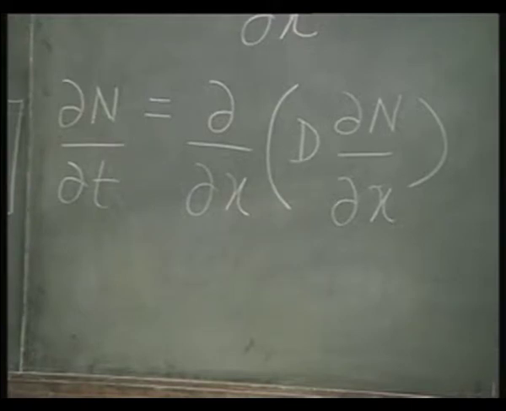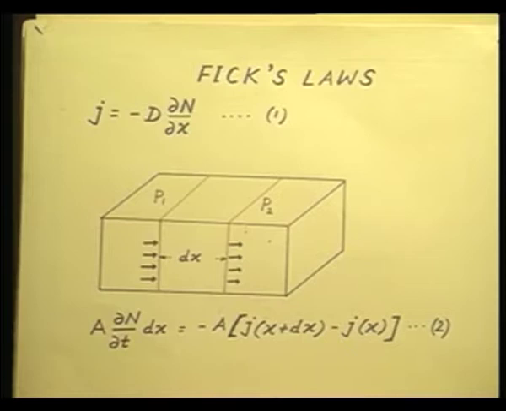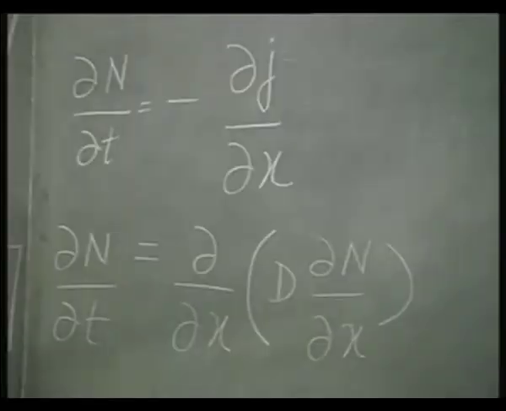This is Fick's second law of diffusion. The first law of diffusion is j equal to minus d del n del x. The second equation is del n del t is equal to del del x of d del n del x.